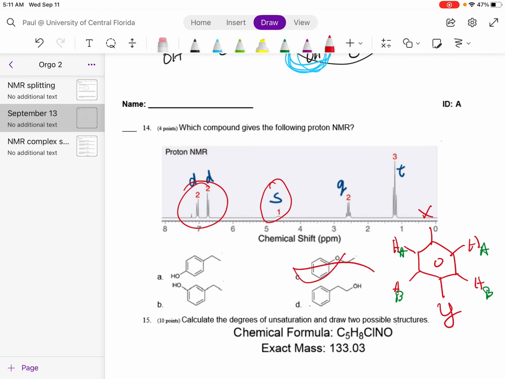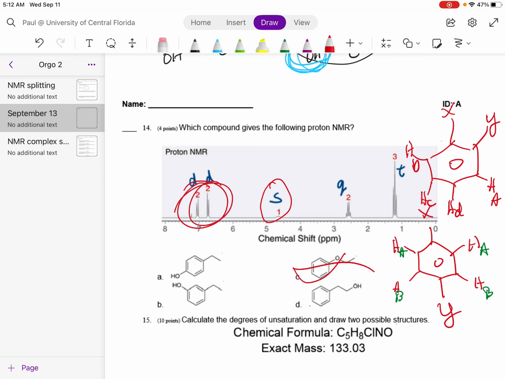If you change the substitution pattern to something like this, what is it going to be? We have a proton there. That's going to be A. That's going to be B, C, and D. So that's going to have 4 distinct signals in the benzene region. And the splitting pattern is going to be what? A will be a doublet, D will be a doublet of a doublet, C is a doublet of a doublet, and B is a doublet.